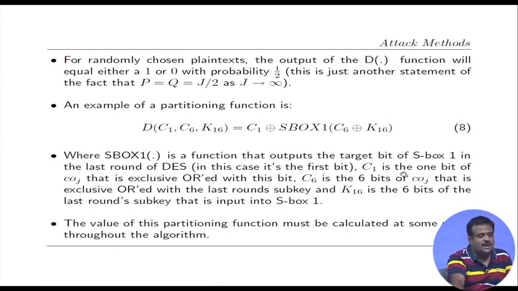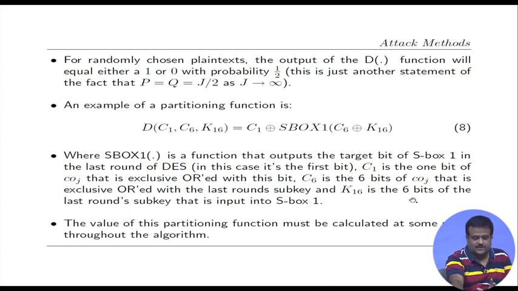Okay, C1 is the one bit of the ciphertext C0J that is XORed with the bit C6, the 6th bit of the ciphertext, and that, after running the S box, is again XORed with the last round sub key, which is basically k16.